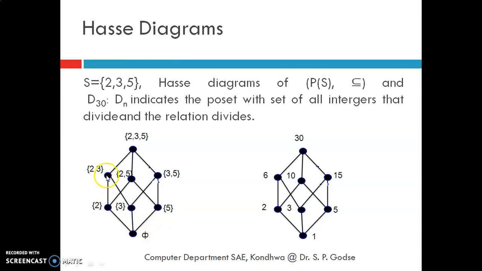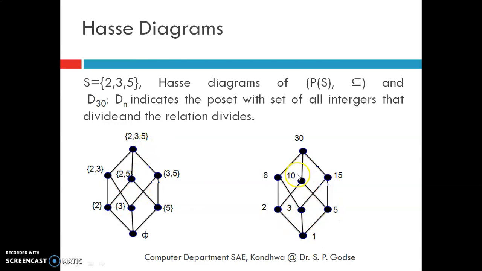Then {2} is a subset of {2, 3}, {2} is a subset of {2, 5}, {3} is a subset of {3, 5} and {2, 3}. Again {2, 5} is a subset of {2, 3, 5}, {2, 3} is a subset of {2, 3, 5}, and {3, 5} is a subset of {2, 3, 5}. Here a self loop is not there, transitivity is also not there, and it is the final Hasse diagram after applying all the steps of the Hasse diagram algorithm.